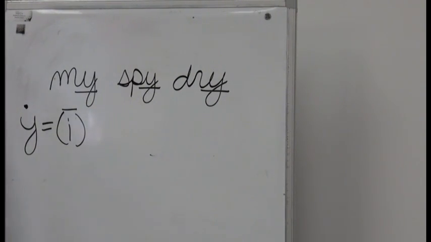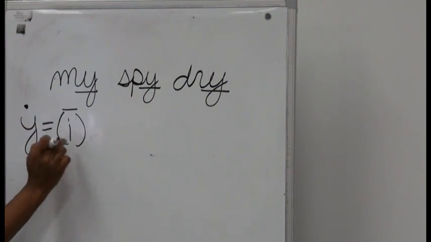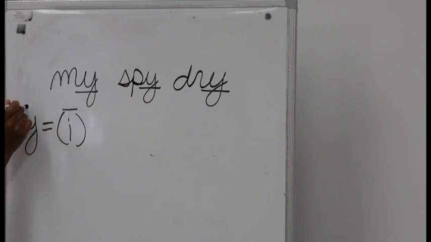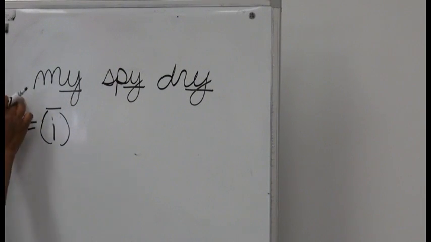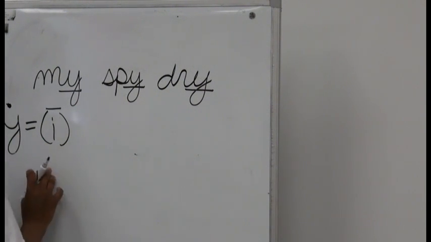You know how we say A, E, I, O, U, and sometimes Y? Well, in the final position, when you hear that long I, it's going to be a vowel Y. So that's why we put the dot over there, because that makes it the vowel Y. We're going to code it with the dot so that you'll know it's a vowel.